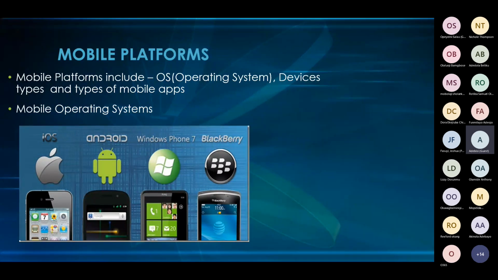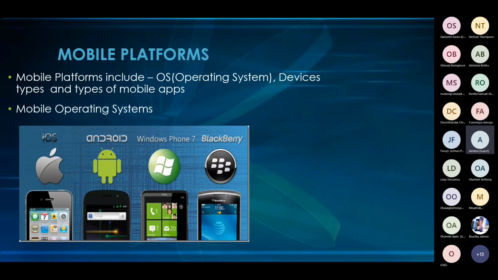So Google manufactured Android, and they have been having several releases after the first release. Also, developers love to use Android for testing.